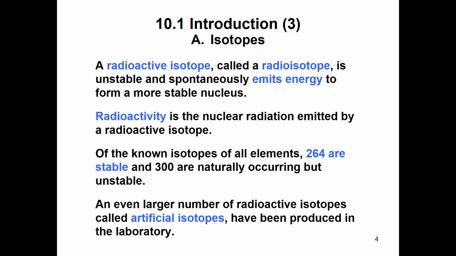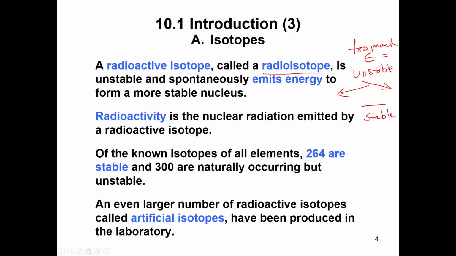A radioactive isotope, also called a radioisotope, emits energy, and it does that because it's unstable. Things in nature that have too much energy are unstable. And so what has to happen is it has to release energy in order to get to a more stable place.